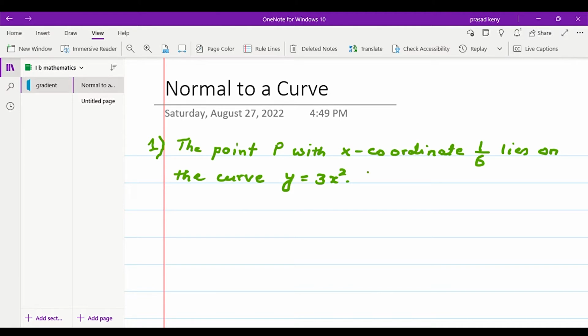Normal at P meets the curve again at Q. And we have to find the coordinates of Q.